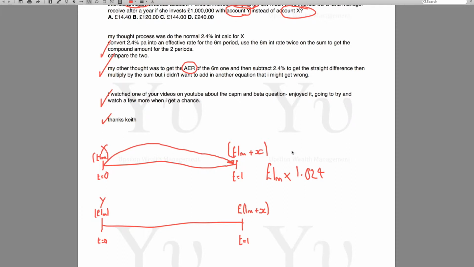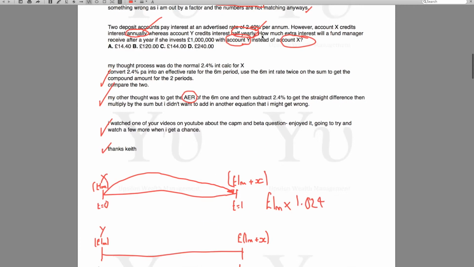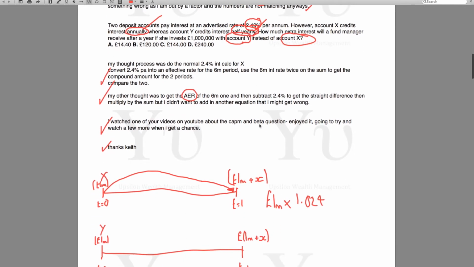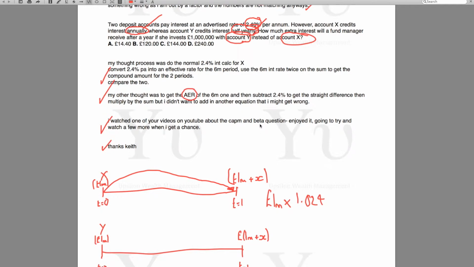So why is it 1.024? Because we're told that it has an advertised rate of 2.4% and we're trying to uplift the amount by 2.4%, not just work out what 2.4% of 1 million is and then add it back on. It's much simpler to add it on at the same time as calculating it. That's why we put a 1 in front.